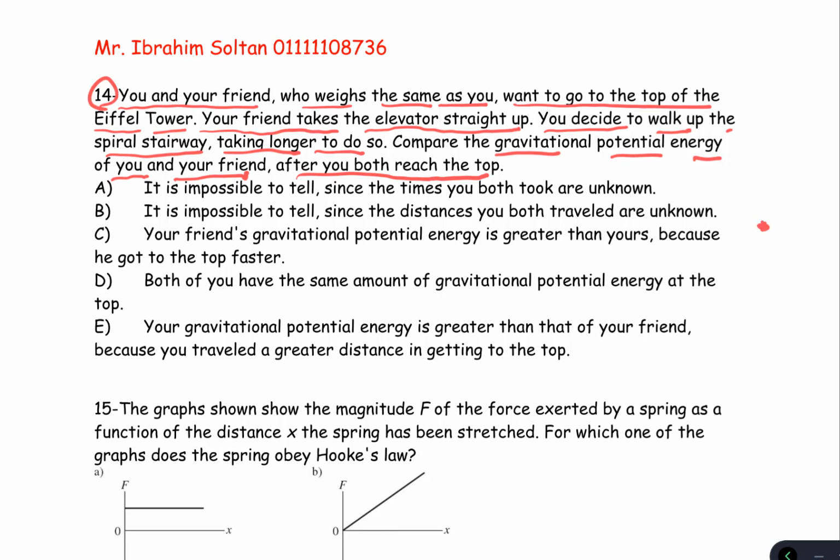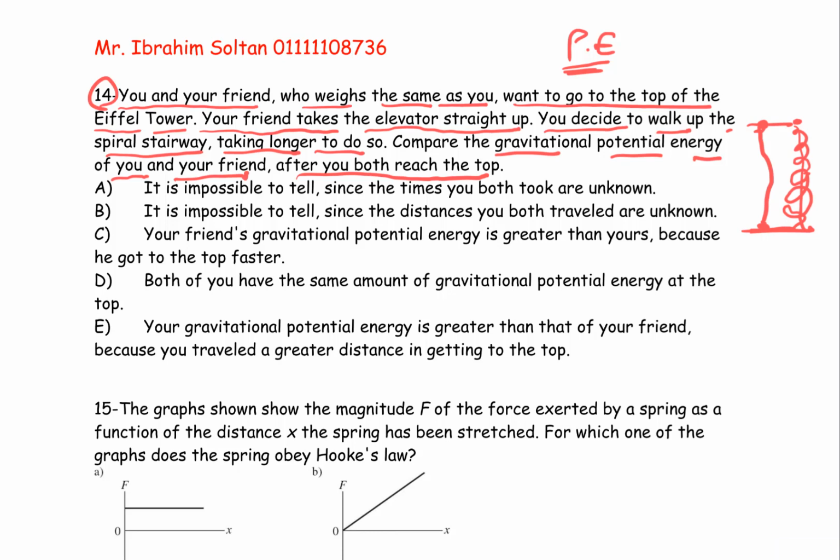Your friend starts here, takes the elevator and reaches this point. You took the spiral stairway and reach the same point. The vertical distance for you and your friend is the same, so the potential energy is the same as your friend's, because you and your friend are at the same height relative to the ground.